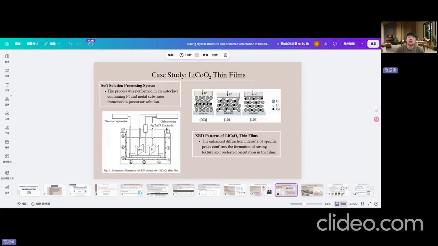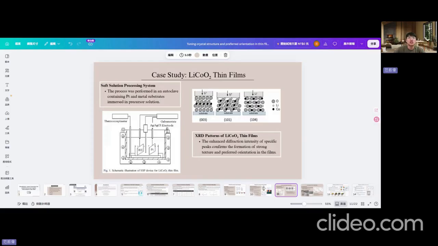And then it's the case study about the lithium cobalt oxide thin films. The first one, this paper used the soft solution process system. The process is performed in an autoclave containing the platinum and metal substrate immersed in the precursor solution.